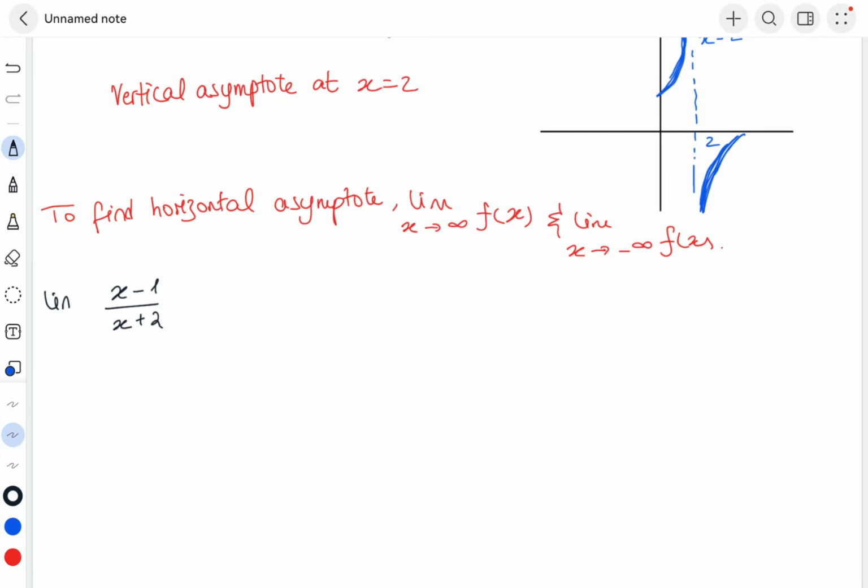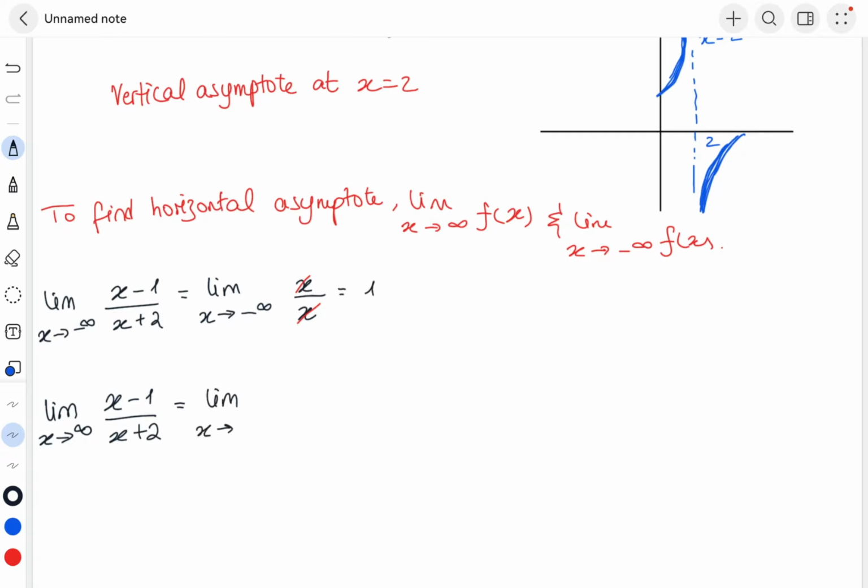I have a previous video where I explained how to find limits as x tends to infinity, where we can directly take the highest x power with their coefficients. So we have the limit as x tends to negative infinity of x over x, where x and x can cancel out, and we'll be left with 1. The same thing here, limit as x tends to infinity of x over x, where the x's will cancel out and we'll be left with 1.